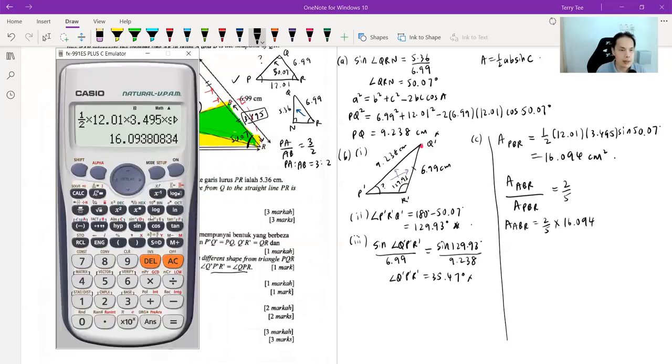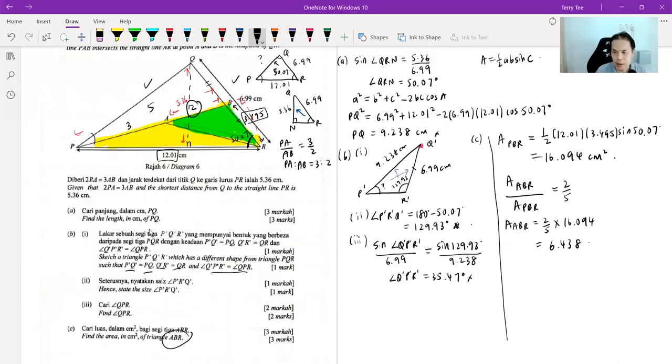Let's take 16.094 multiply 2/5. Guys, my answer will be 6.438. Yeah, if you round off 6.438, 4 significant figures will do. Right?